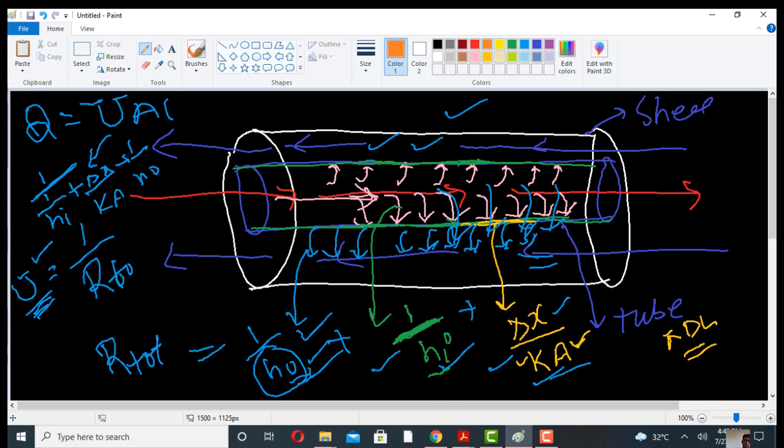That is the temperature of the hot fluid, T1, minus the temperature of the cold fluid, T2. So in heat transfer we use the overall heat transfer coefficient.